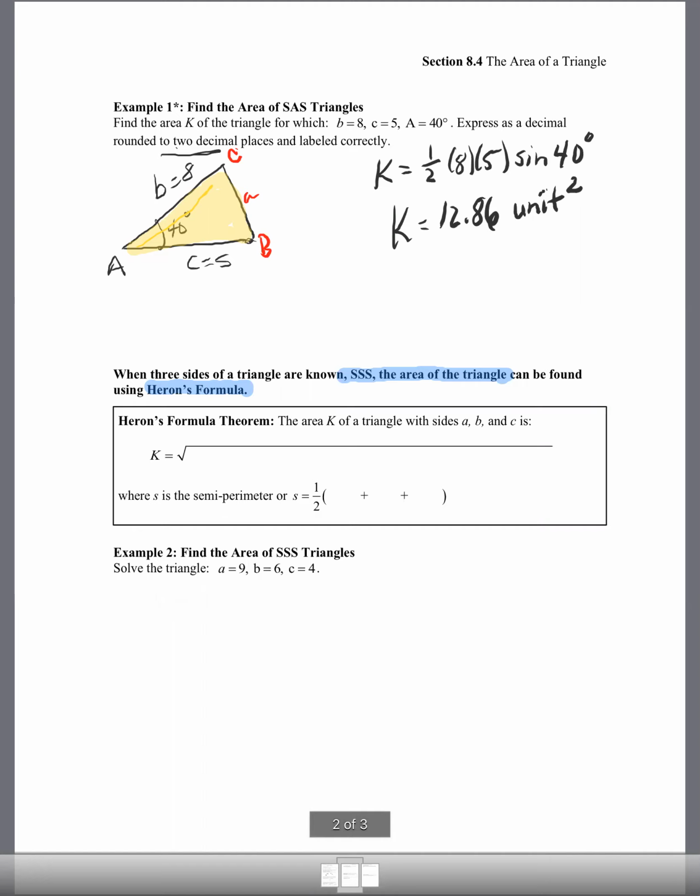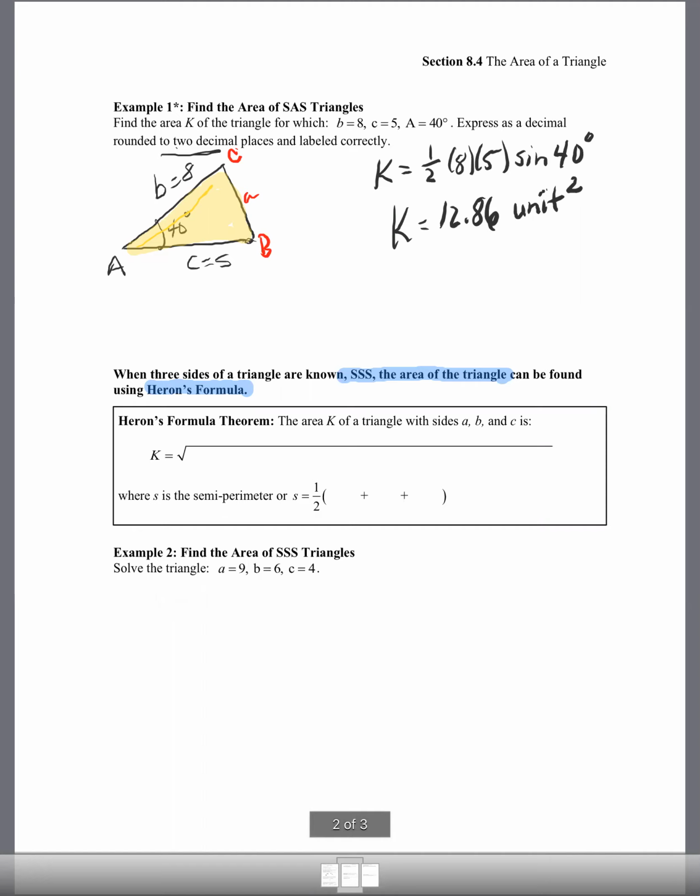And this was something that actually survived the war and was found on some tablets or papyrus paper, and we now have it also. Its use is that if you know the three sides of the triangle, you can calculate its area.